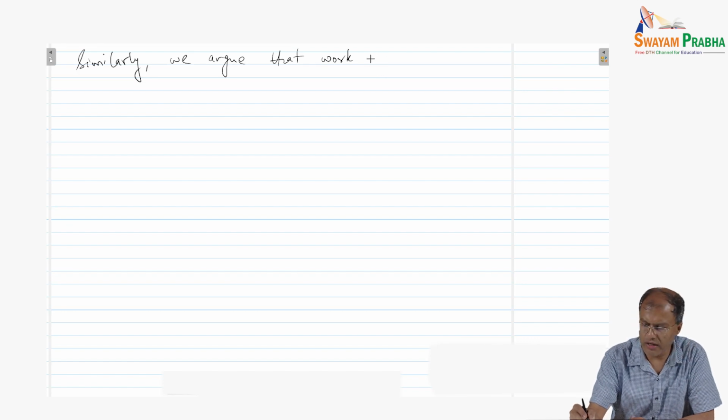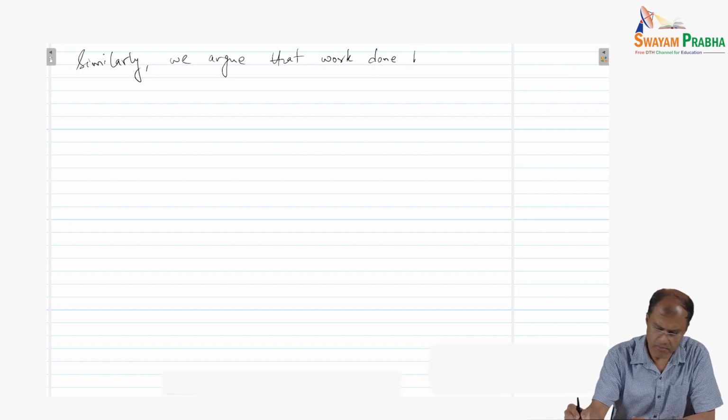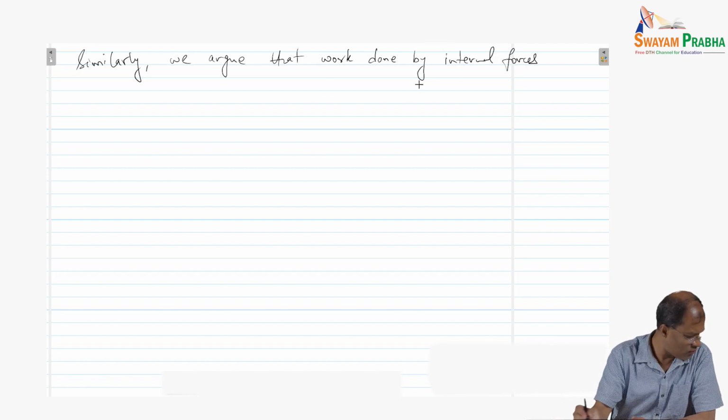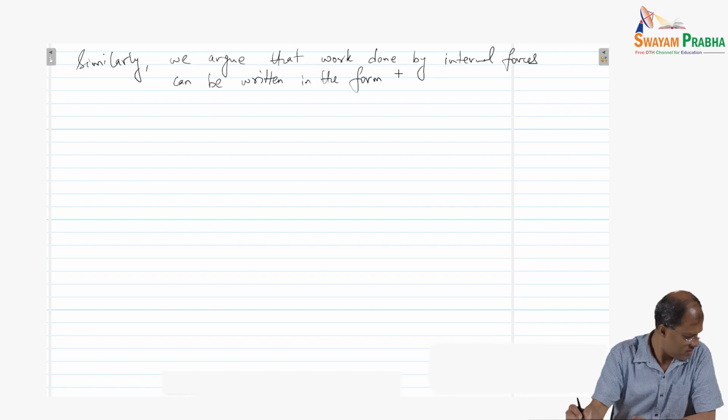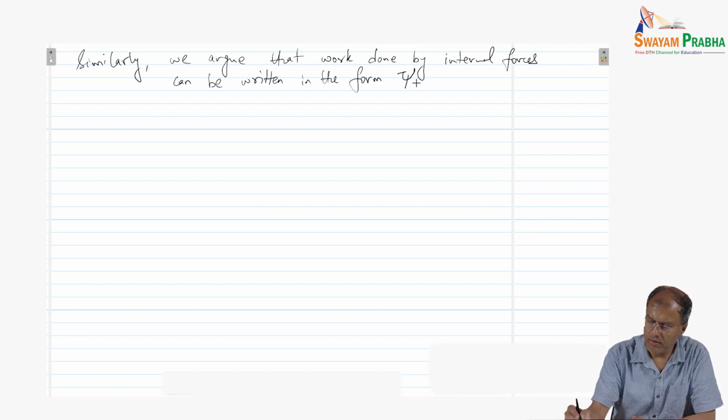So we argue that the work done by internal forces can be written in the form psi of A minus psi of B. What is this capital psi?